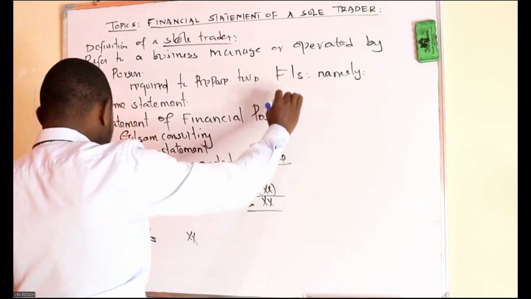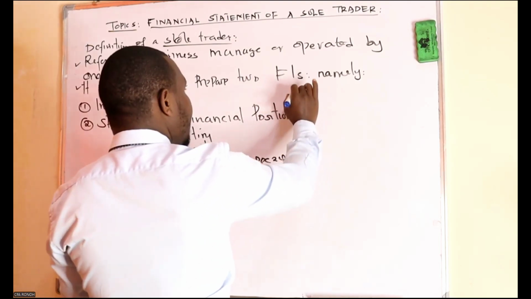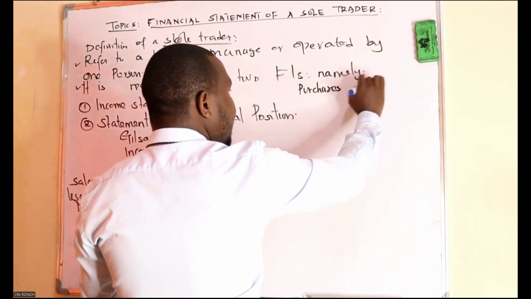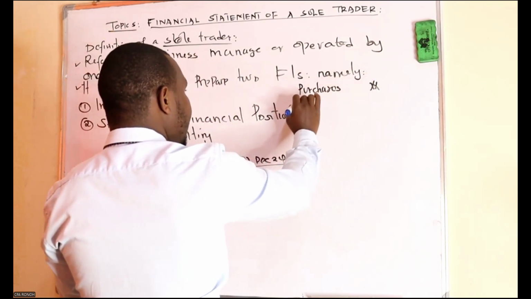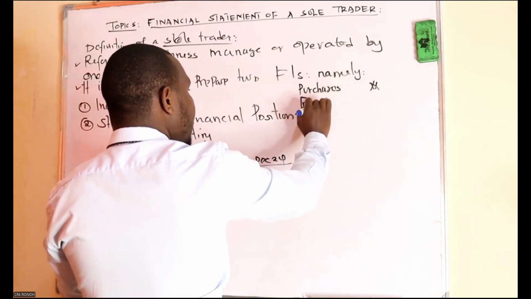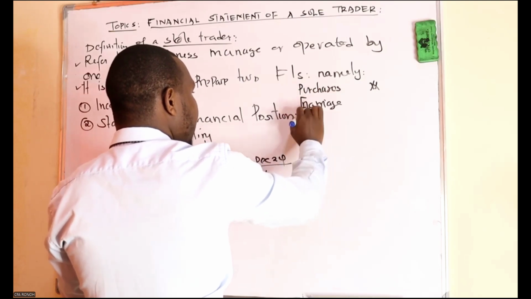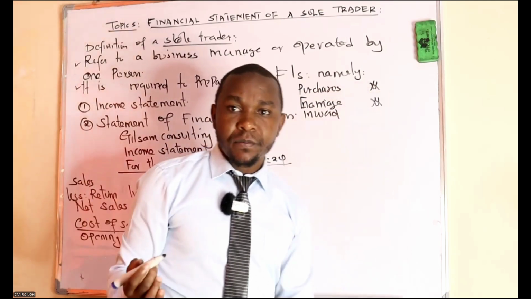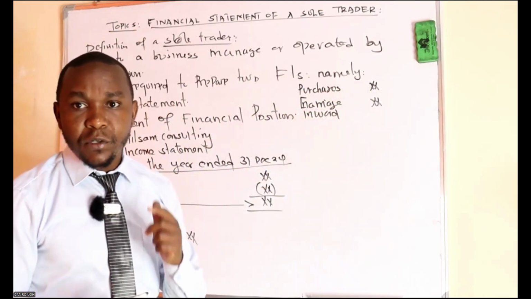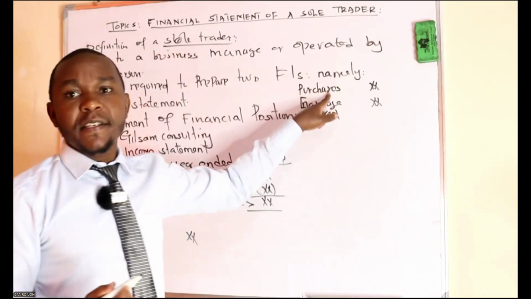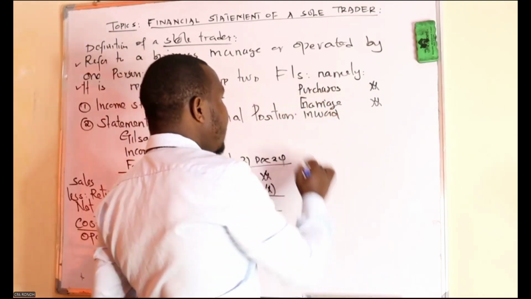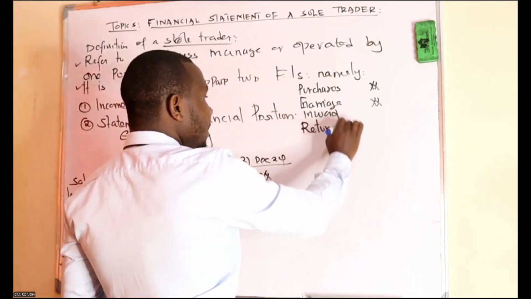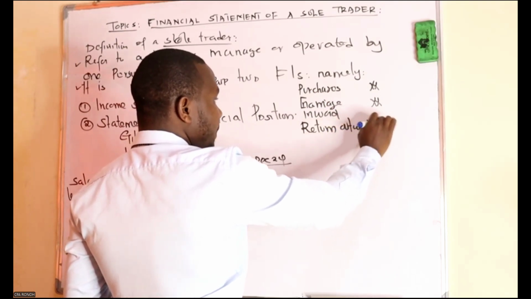From cost of sales, we start with the opening stock. Then we add purchases. And then if there is any carriage inward, we also add. What is this carriage inward? The carriage inward is the transport that you incur to transport these purchases. If there is a return outward, if you return goods, you subtract.